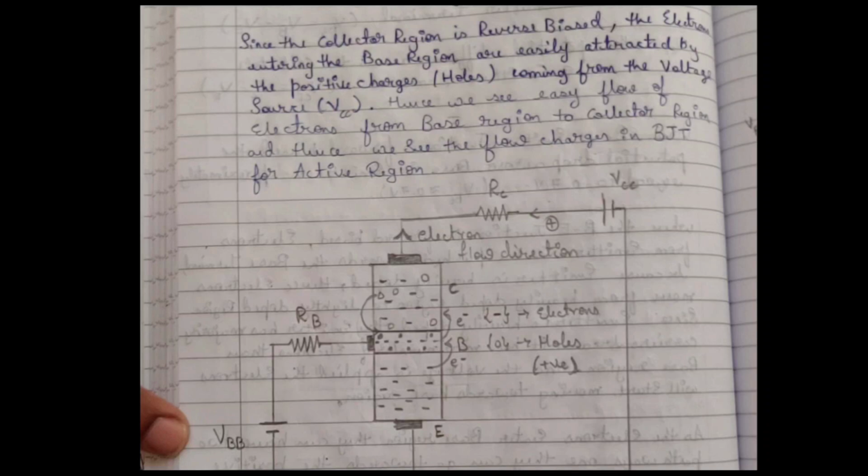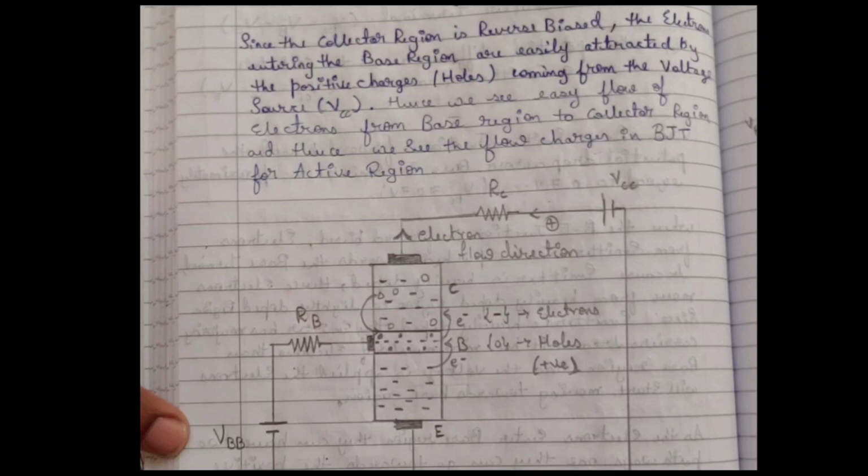The positive charges coming from the positive terminal of the battery, VCC, will create holes in the collector region. And we know that the width of the collector region is bigger than the base and emitter both, thus creating a larger number of holes, so that the electrons coming from the emitter region can be collected over here.